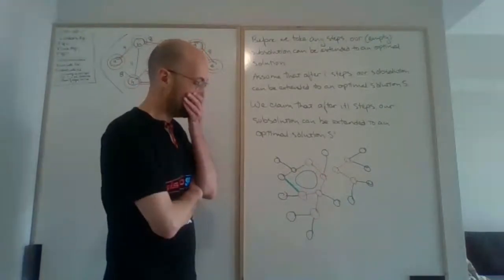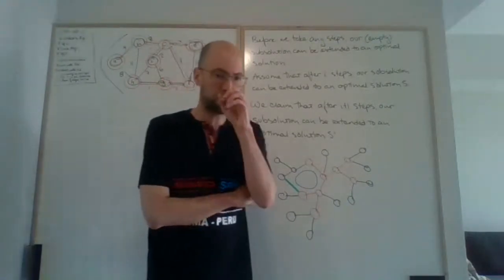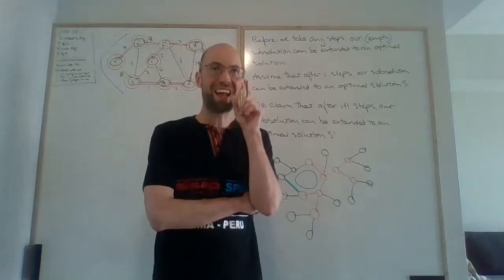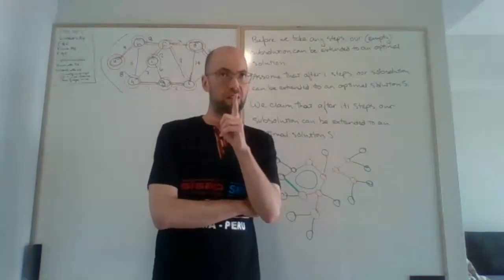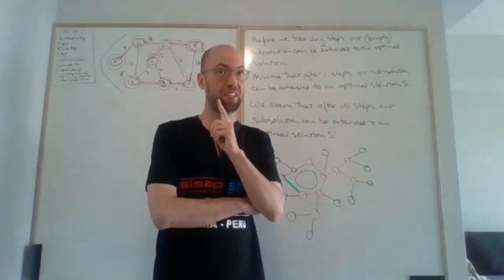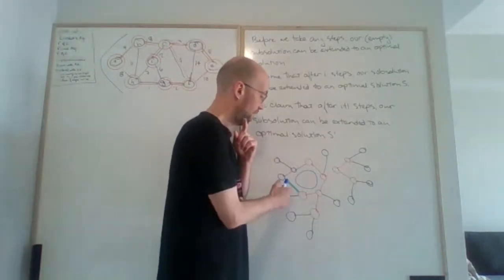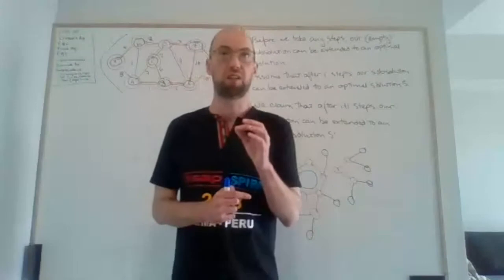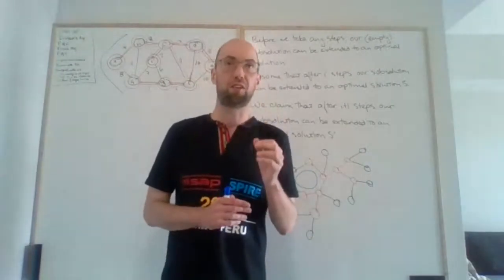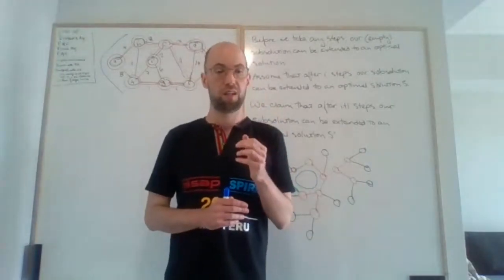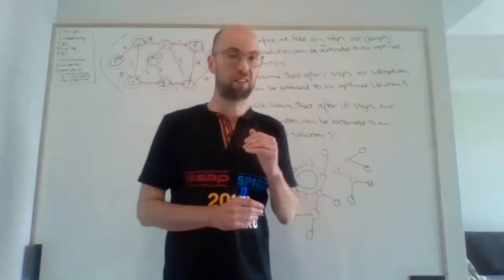For Kruskal's algorithm, we could say that any edge on that cycle which we haven't taken so far, any of the black edges, had to be heavier or not lighter than the green edge. But now that doesn't have to be true.